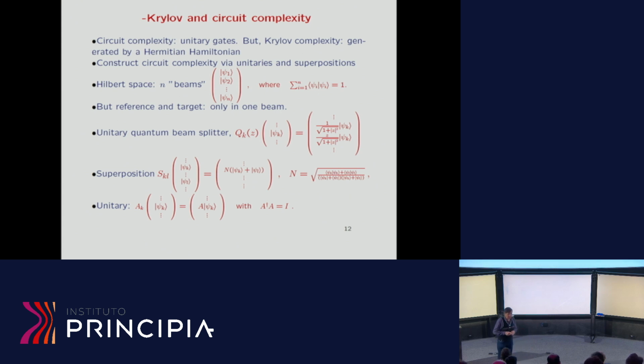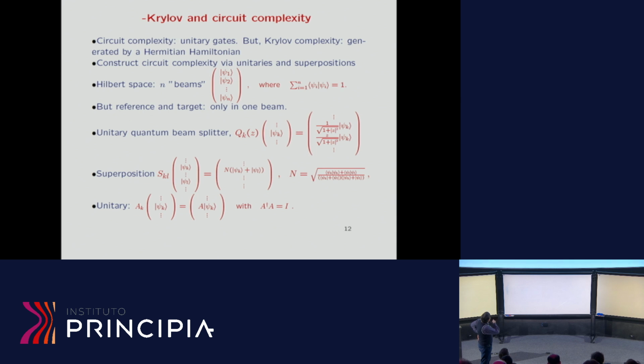We will use unitary transformations, but also superpositions. The Hilbert space is assumed to have n what we will call beams, the equivalent of qubits if you want. But the reference and target space are all assumed to be in a single qubit or beam. It's not literally a qubit, but it's the equivalent of a qubit.